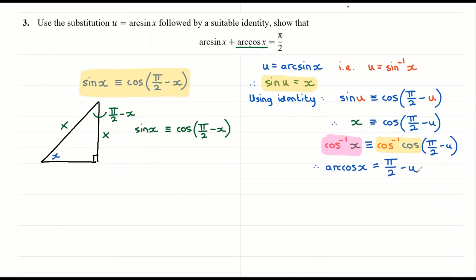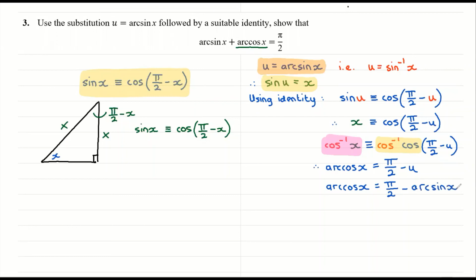All right. Now, we know what u is, okay? We saw it earlier. It was defined, it was given to us. U is equal to arcsine x. So let's sub in arcsine x. So arccos x is equal to pi over 2 subtract arcsine x.